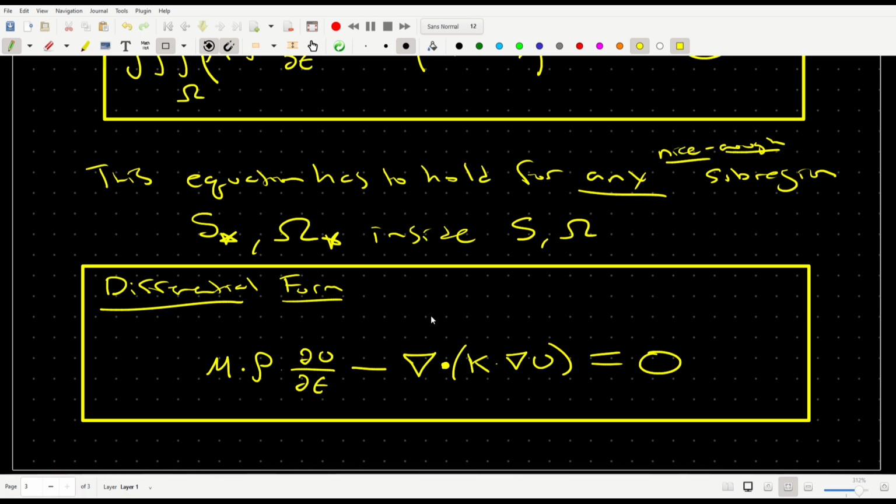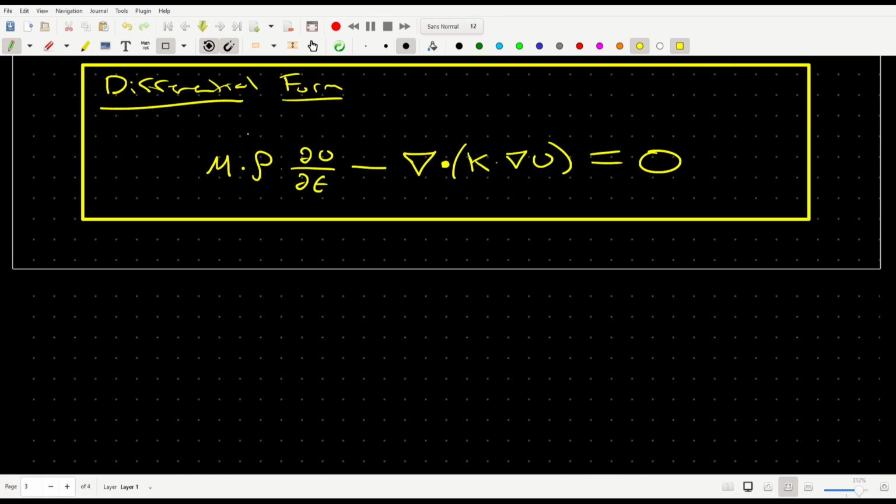This equation has to hold in any medium that is geometrically nice enough to apply the divergence theorem and satisfies all of the conditions that allow us to do this. Now remember here that mu and rho and k are all functions.